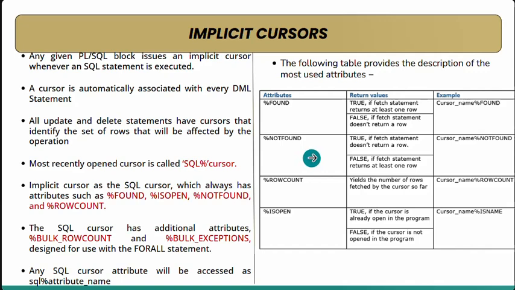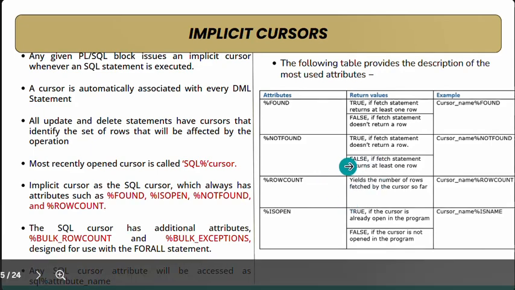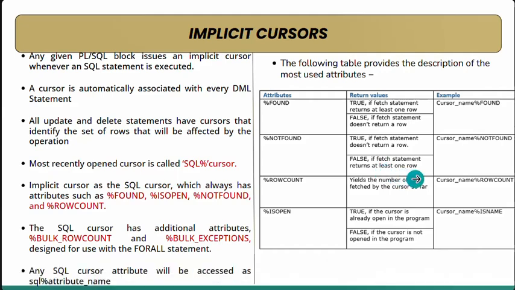The %NOTFOUND attribute of an implicit cursor returns true if the fetch statement does not return a row, else it will return false. Whereas the row count attribute returns a numeric value, that is the number of rows fetched by the cursor.